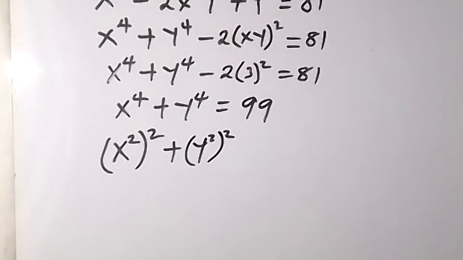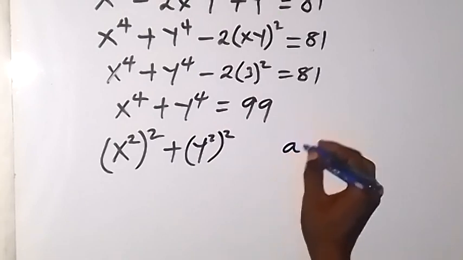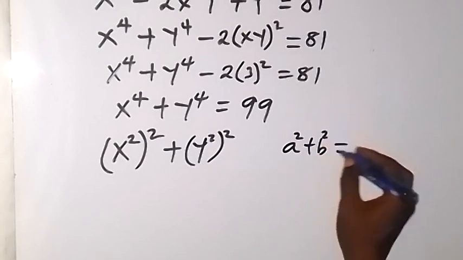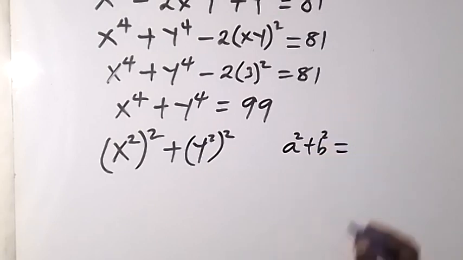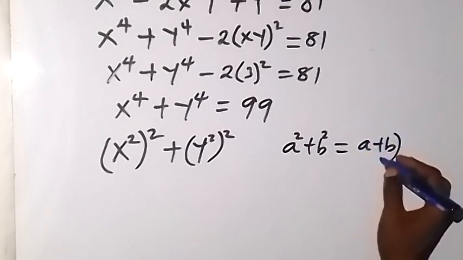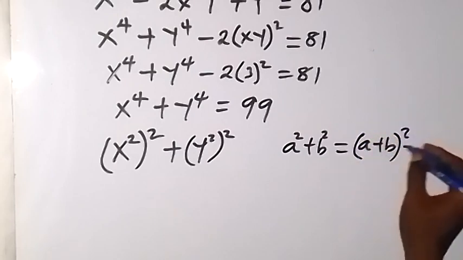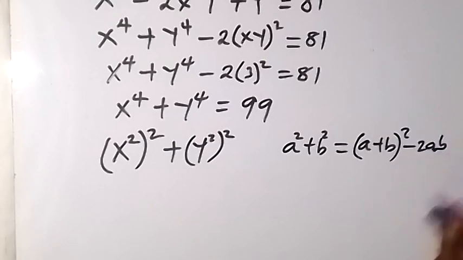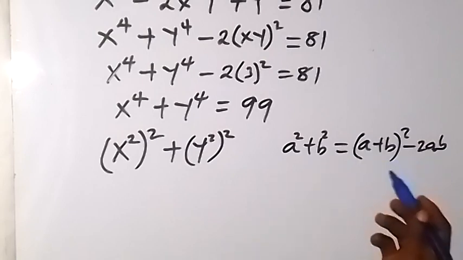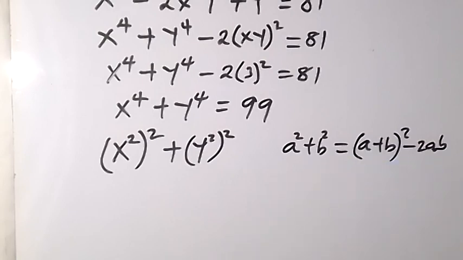When we have a squared plus b squared, when we expand, it will give us (a plus b) all squared minus 2ab. So that's the identity: a squared plus b squared equals (a plus b) all squared minus 2ab.